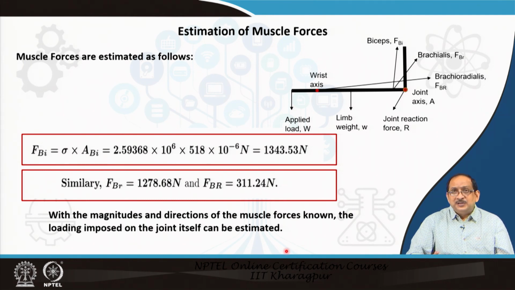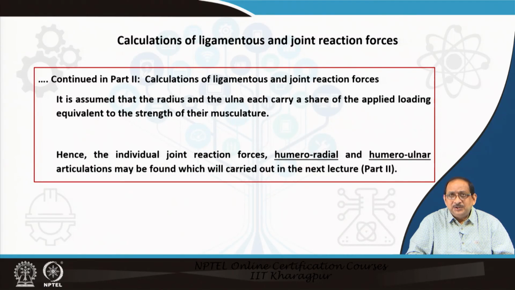With the magnitudes and direction of these muscle forces now known, the loading imposed on the joint itself can be estimated. The calculation of the ligamentous forces and more detailed calculations on the joint reaction forces will be continued in part 2 of this lecture. It is assumed that the radius and the ulna each carry a share of the applied loading equivalent to the strength of their muscle arrangement.